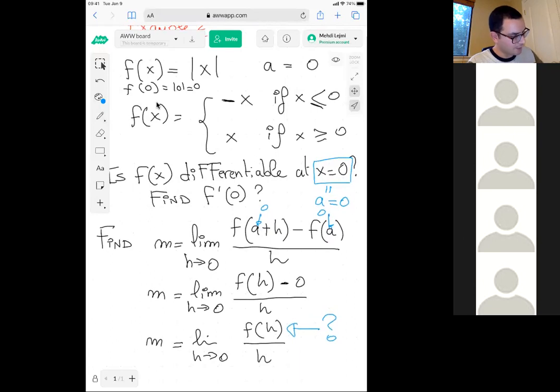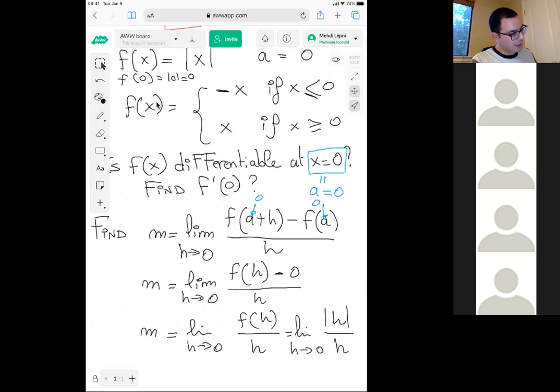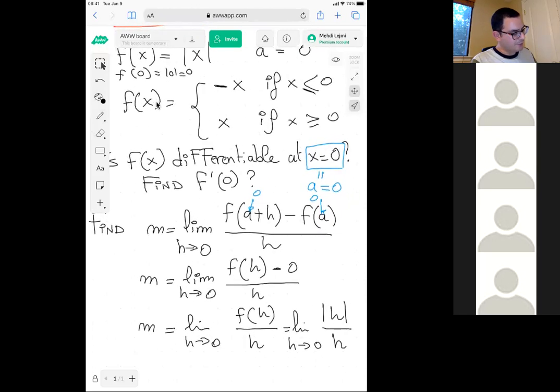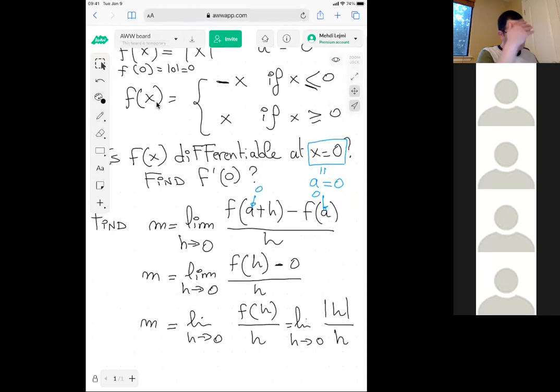So this is equal to the limit as h goes to 0 of the absolute value of h over h. Now if you replace h by 0, you're going to have 0 over 0, and that's an indeterminate form, right?